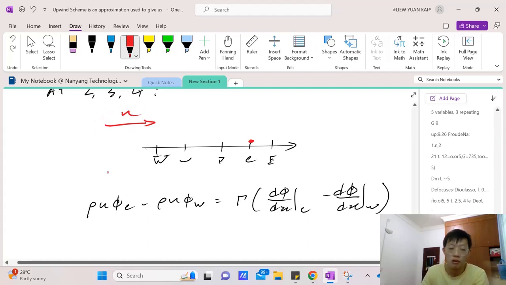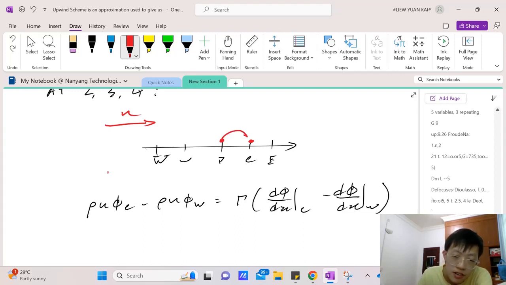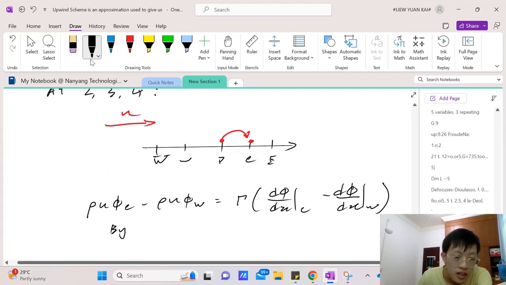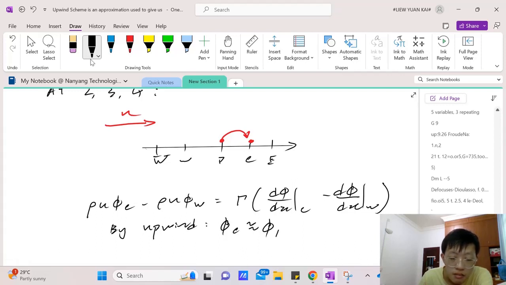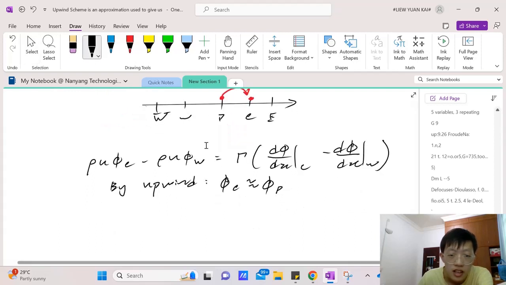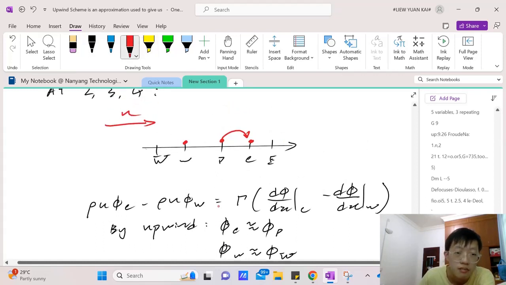The wind is gonna blow the neighboring phi value towards E. So it's gonna blow this guy towards E. So by the upwind scheme, phi E is equal to phi P. And also phi W will be phi big W, because we don't know what this guy is, but the wind blows it towards the right.